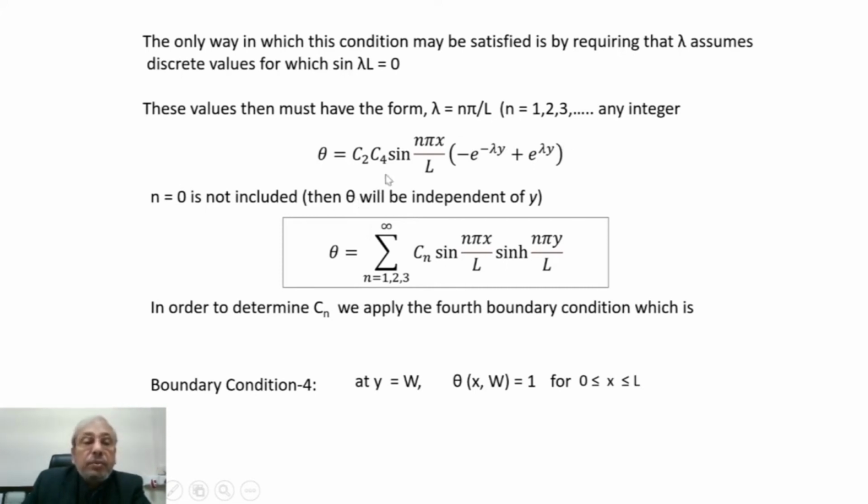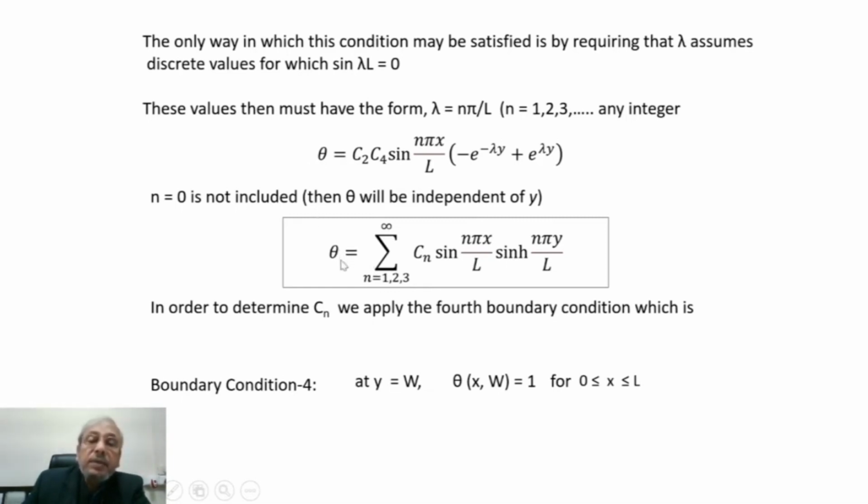So lambda n equal to 0 is not included, because the y dependence will be gone. So we will exclude n equal to 0. We will write n equal to 1, 2, 3, any integer.